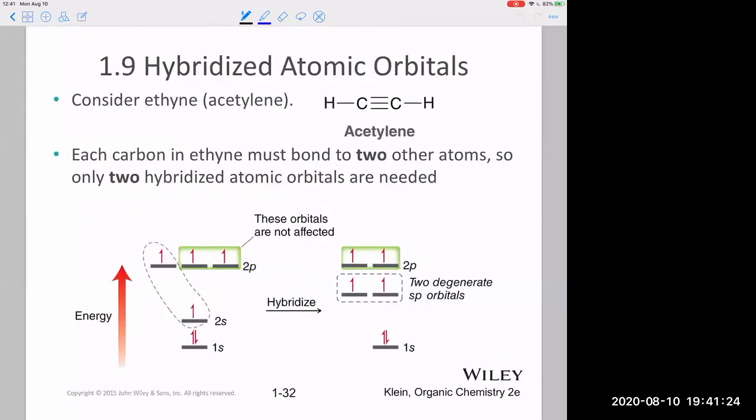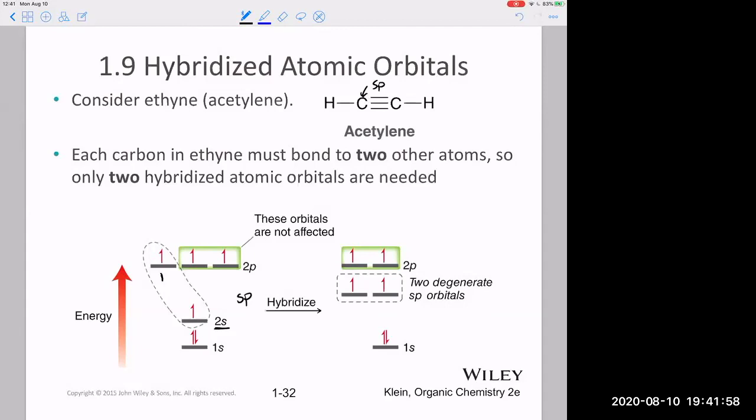Okay, so now we're going to take a look at this compound here called acetylene. You may have heard of an acetylene torch, gets very hot. We're gonna take a look at this particular carbon atom here, figure out its steric number and its hybridization. So this is sp hybridized with a steric number of 2. And just like before, what that means is if you're sp hybridized, your s orbital mixes with just one of those p orbitals.